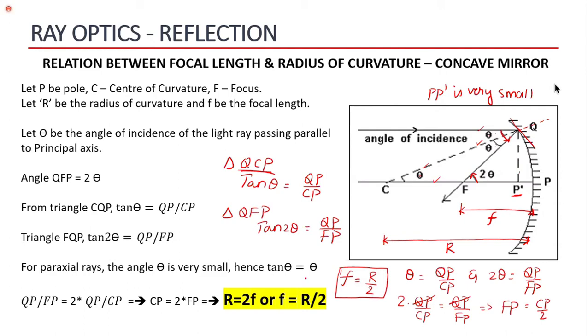Actually, ray optics, I told you, everything is mathematics only. Everything is straight lines and angles. Ray optics is far, far easier when compared to wave optics. Since you have mastered wave optics, ray optics should be a piece of cake for you. Sometimes you scare us that it is hard.